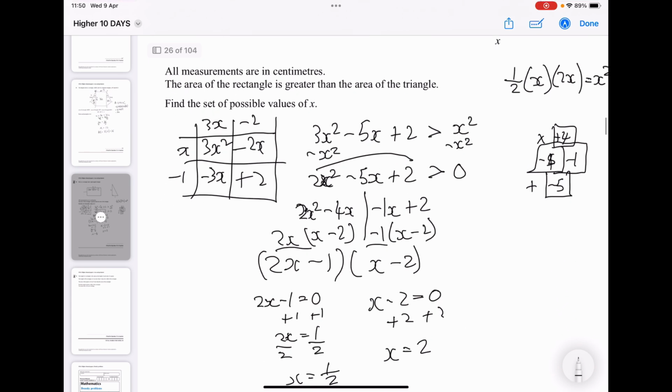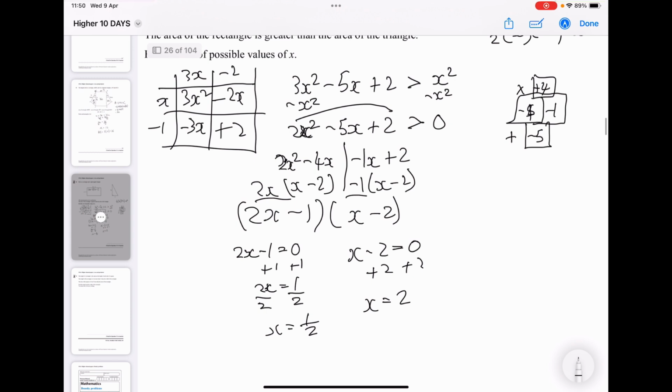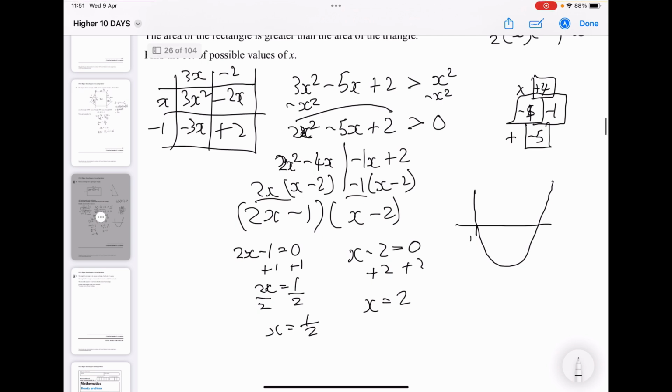Set possible values of x. So what we've got is this is greater than 0. So what we then do is we look at our curve, our x squared. These two things I found here are roots. So that would be a half, and that would be 2.